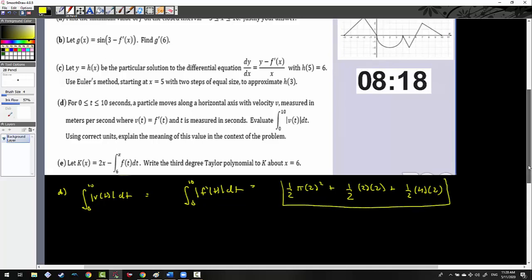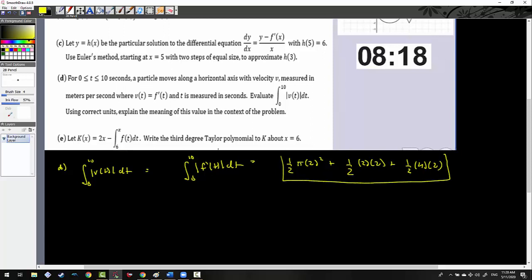And if you're going to explain this in the context of the problem, then all you have to say is, and we've seen this expression before, the integral of the absolute value of velocity, we know what that is. That's the total distance traveled. So you could say the total distance traveled by the particle is this number, in meters, on 0 to 10 seconds.